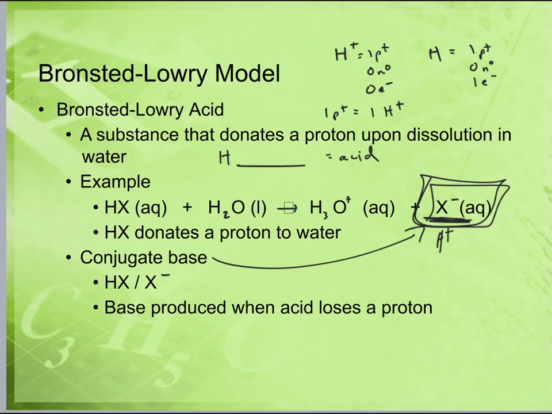This definition seems pretty similar to the Arrhenius definition, because after all, it's still H something plus water, giving us more hydrogen ions or hydronium ions plus some other anion. That looks pretty similar. It's when we get to the definition of the base in just a moment that it's going to be a little bit different. But know that we refer to HX in this situation as an acid. We refer to X with the -1 charge as the conjugate base. It's always the thing getting produced over here.